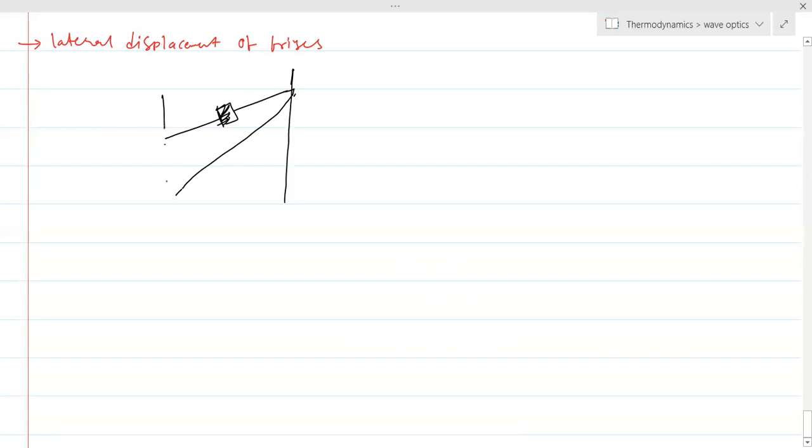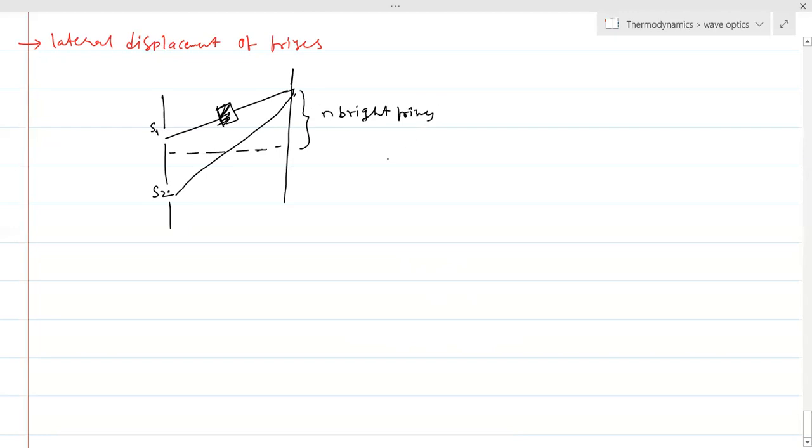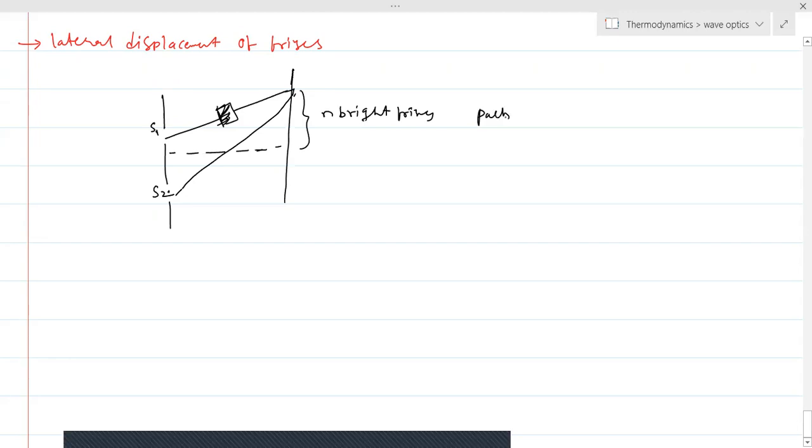This is S1 and this is S2. If the entire fringe pattern is shifted by n bright fringes, then by substituting y equal to n beta, we get our desired condition for path difference: x is equivalent to (mu minus 1) into t.